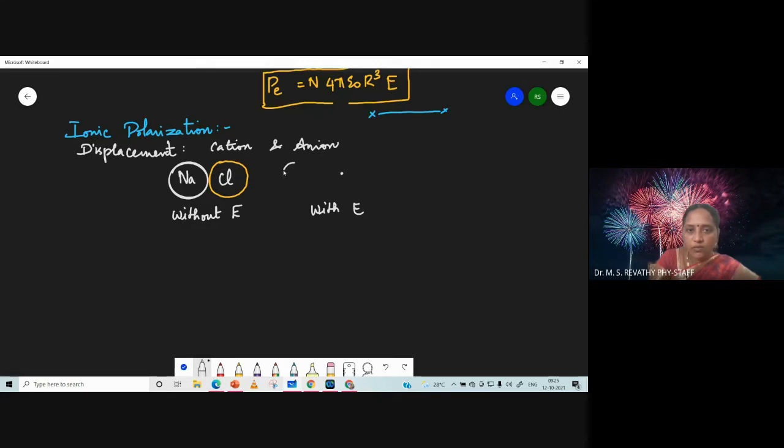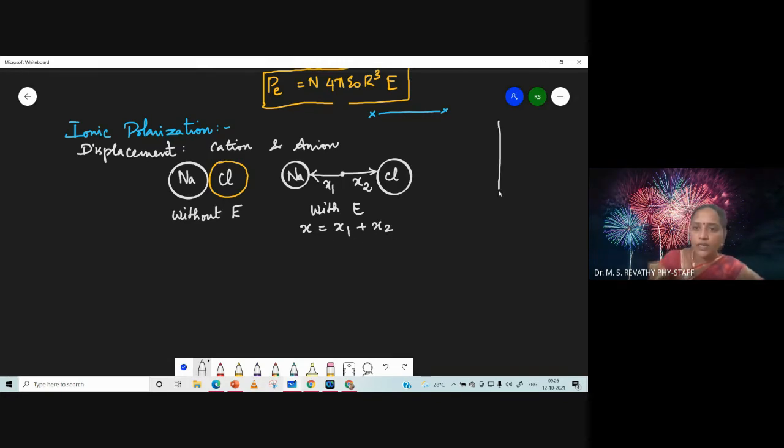So Na will go this side or Cl, they just shifted from the equilibrium position. Now you get two displacements. One is x1, the other one will be x2. When we want to calculate the total displacement, this will be the sum of the individual displacements. X is equal to x1 plus x2.